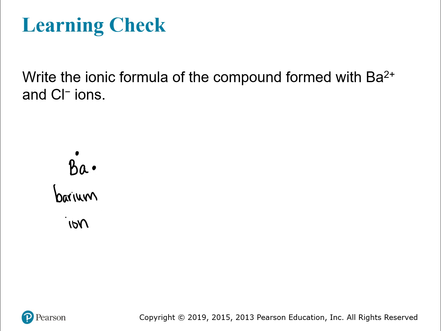Or excuse me, that's not the ion. That is the barium atom. We haven't made the ion yet. Then we've got the chlorine atom. And chlorine, again, is in group 7A. So it's going to have 7 valence electrons. 1, 2, 3, 4, 5, 6, 7.